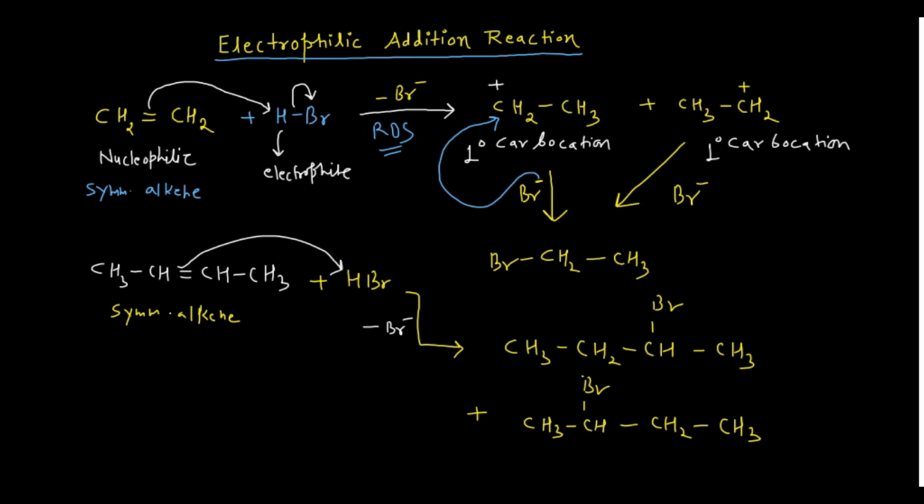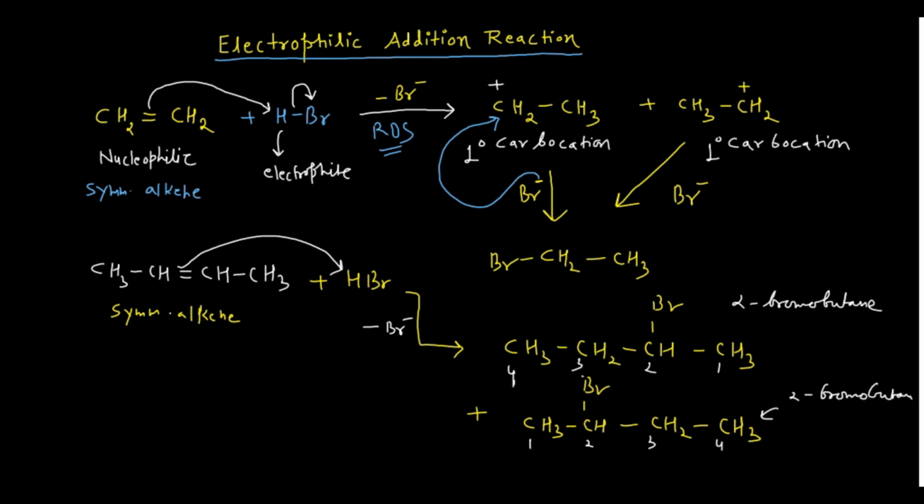So what I can do? This is 1, this is 2, this is 3, this is 4. So what is the product actually? The product is 2-bromobutane, right? In that case, 1, 2, 3, 4. This is also 2-bromobutane.